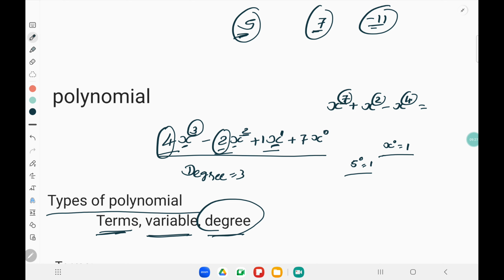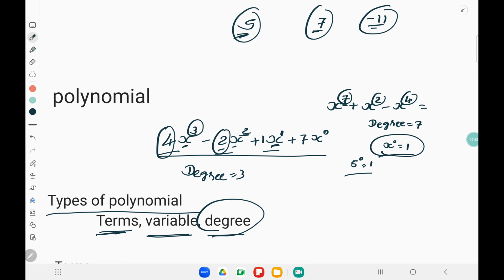What is the highest power? 7. So here the degree is 7. Degree is nothing but the highest power. So for any polynomial, check the powers, only compare the numbers of the powers, and whichever number is highest is the degree of that polynomial.